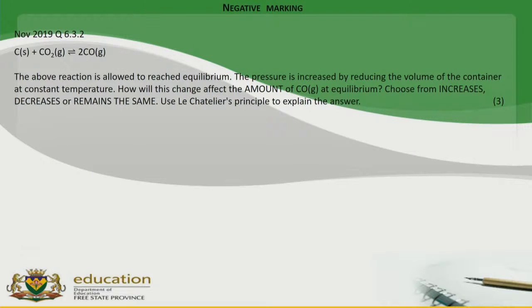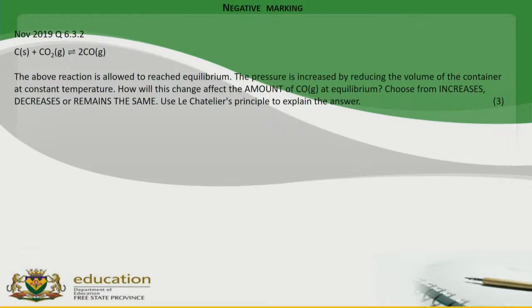Now, I want us to talk about negative marking. The reason why I wanted to talk about negative marking is that last year in 2019, in question 6.3.2, we had a question where the learners were given a balanced equation and were told that the reaction has reached equilibrium. And then the pressure is increased by reducing the volume of the container at constant temperature.